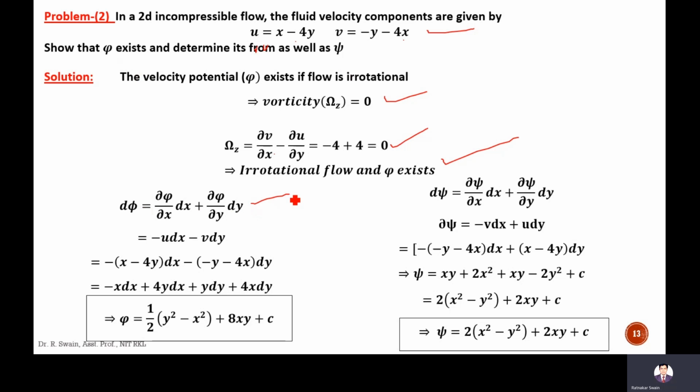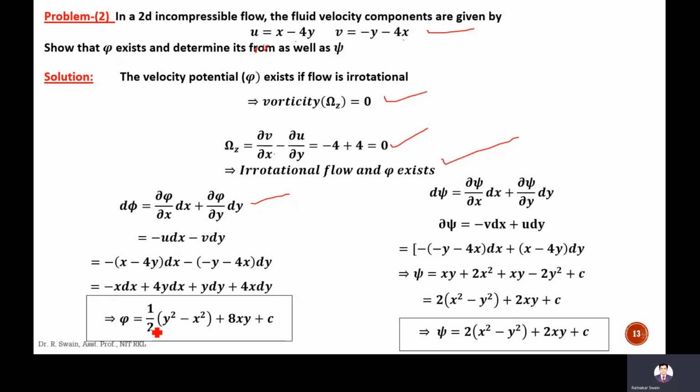From this, if you want to estimate phi, we can write d phi in partial derivative form with respect to x and y. It will give you del phi by del x into dx plus del phi by del y into dy, and del phi by del x we know is minus u into dx minus v into dy. So in place of u and v, we can write the equations.